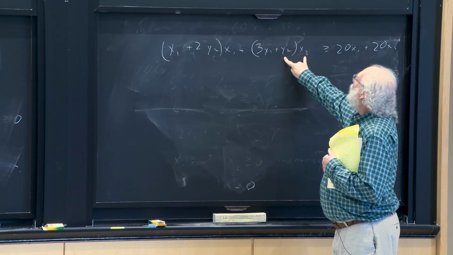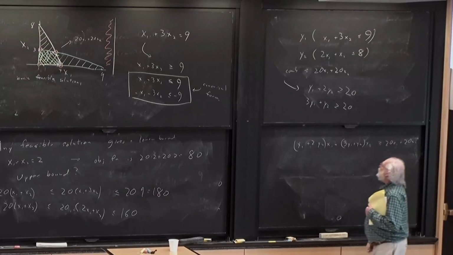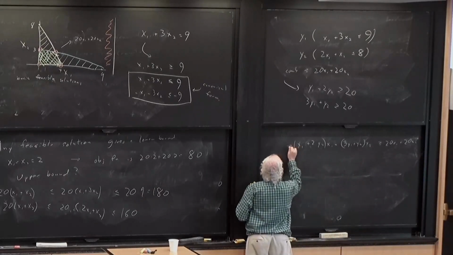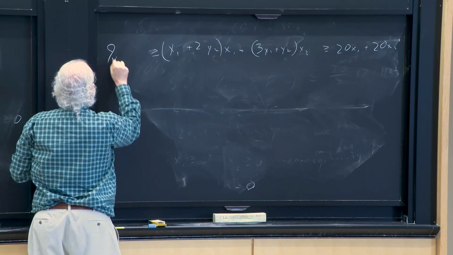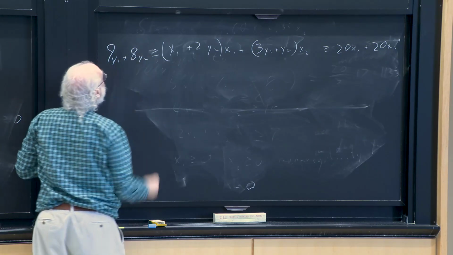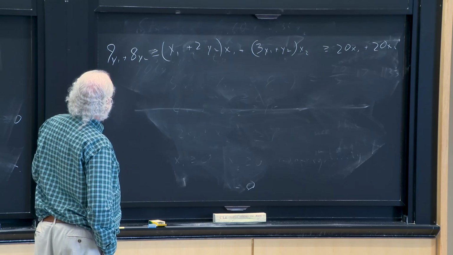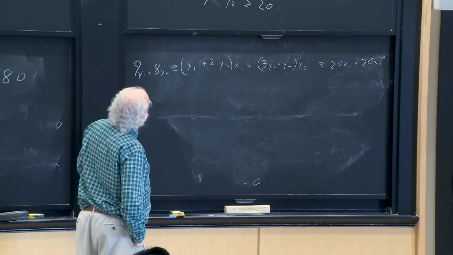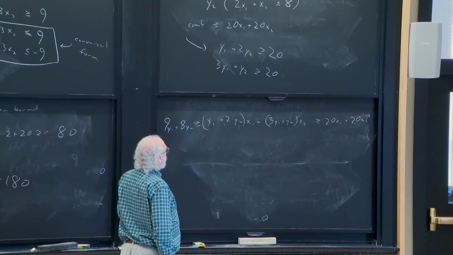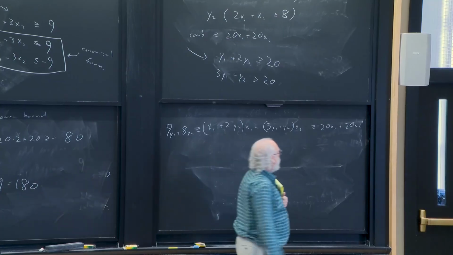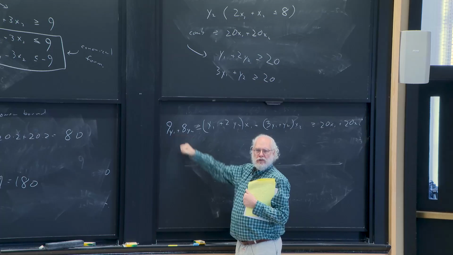So this would be our things. And this is in turn less than or equal to 9y1 plus 8y2. So to get the best bound on 20x1 plus 20x2, we need to minimize 9y1 plus 8y2.